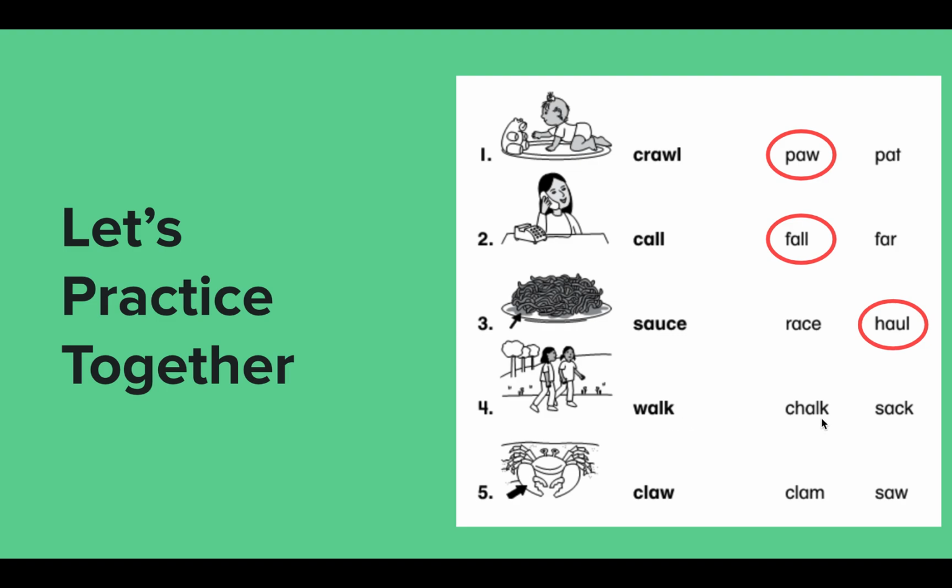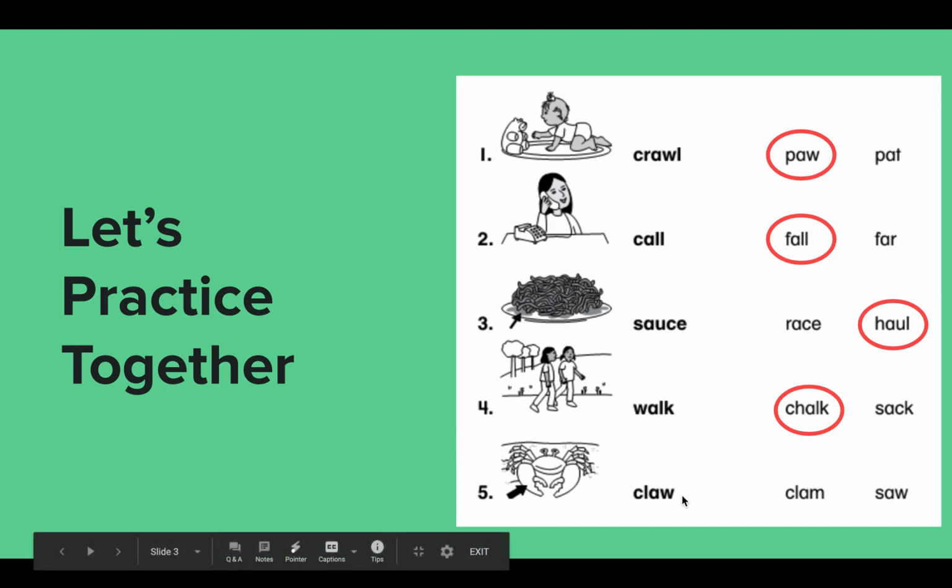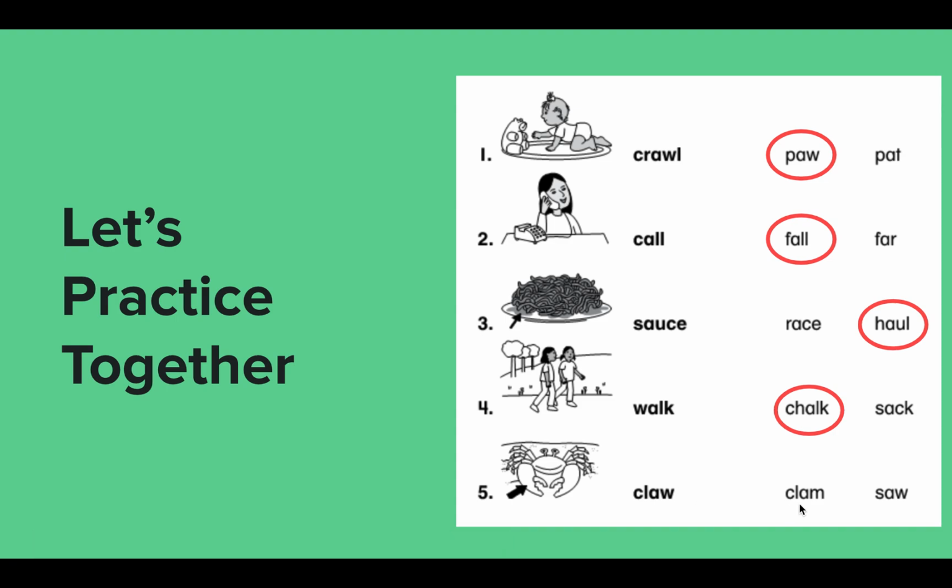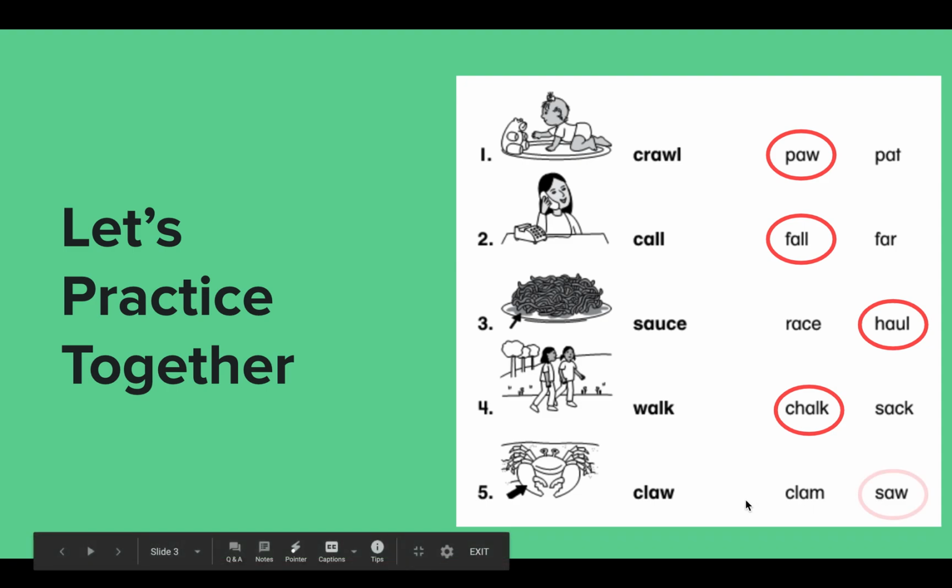Does chalk have the same sound or sack? That's right. Chalk has the AL sound in walk. Last one, number 5. Claw. Clam or saw? Saw. Saw has the AW sound that claw does.